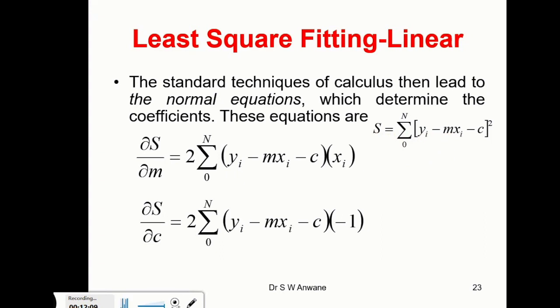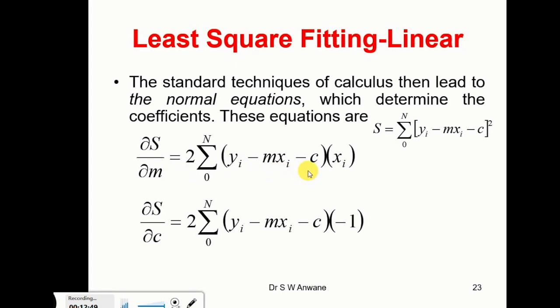So the function is to the power 2: 2 times the function to the power 2 minus 1, that is 1, into the derivative of the function. This time we are differentiating with respect to m, and the derivative will be twice the summation, function to the power 1, into the derivative with respect to m. So here you can consider a minus sign also.